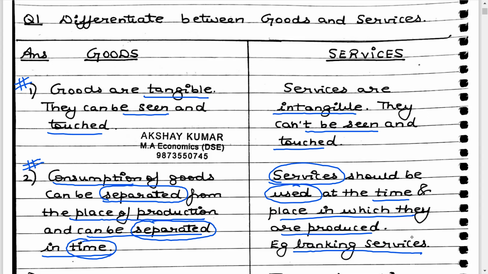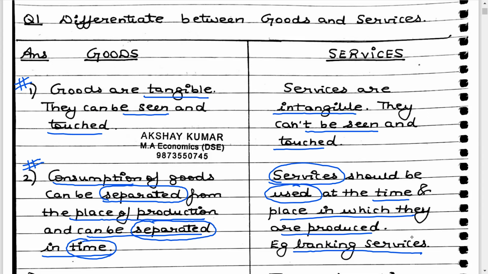So I hope students have all understood the second difference between goods and services. If I repeat it again, when I talk about goods, you can separate the point of consumption from point of production. Goods might be produced at one point but consumed at another point.